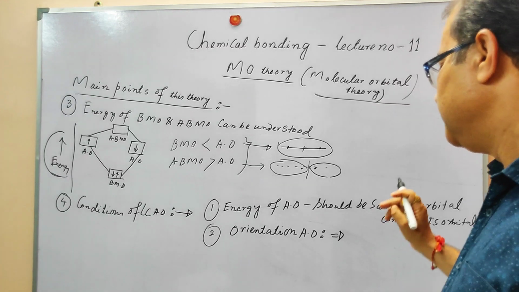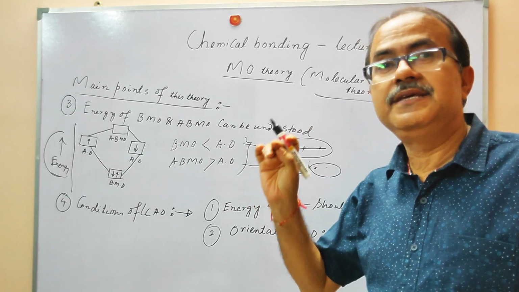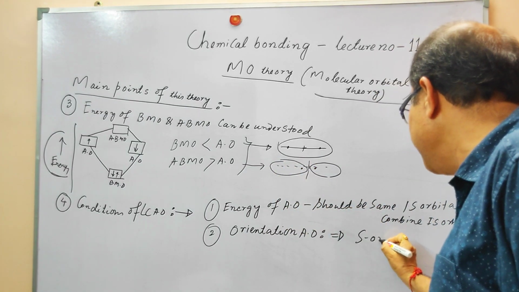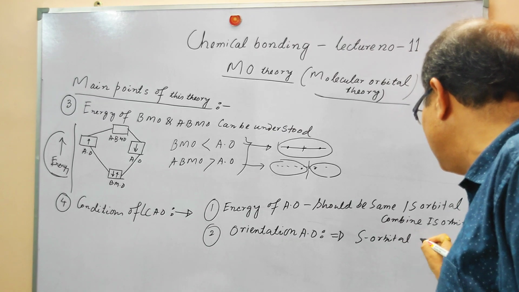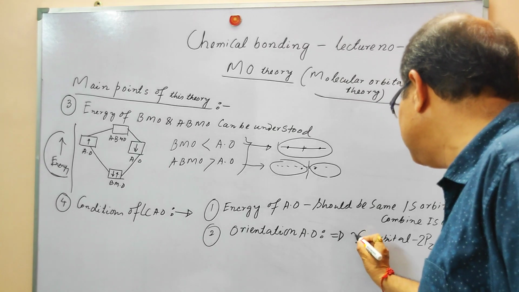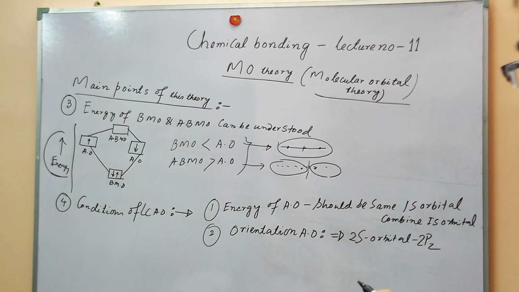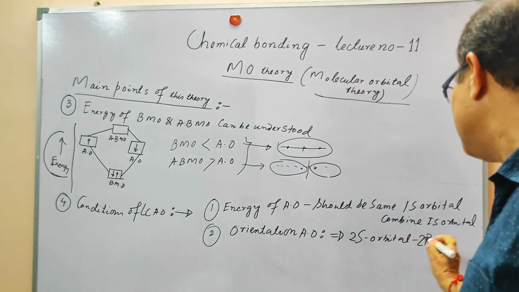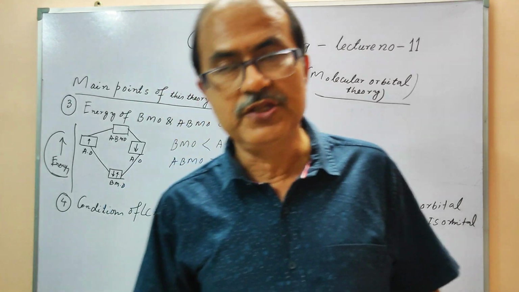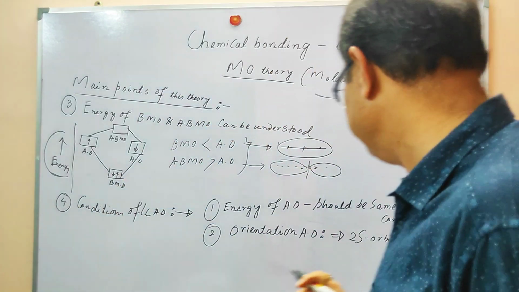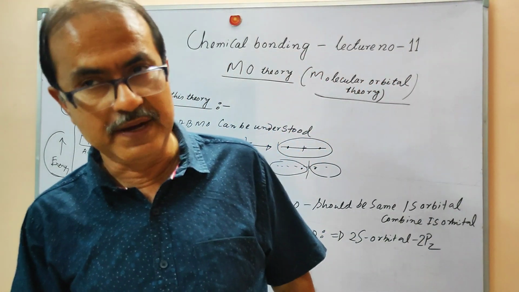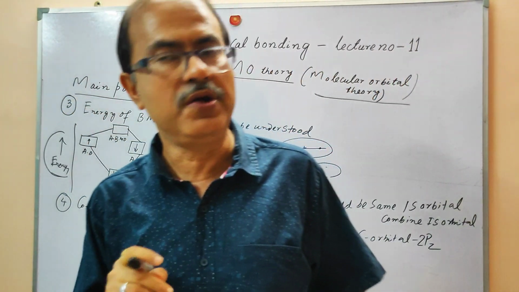If the Z axis is the internuclear axis, then the 2s orbital combines with the 2pz orbital, not with the 2px or 2py orbital, because their orientation is not the same. And a 2pz orbital will combine with another 2pz orbital, not with 2px or 2py, because of the orientation.